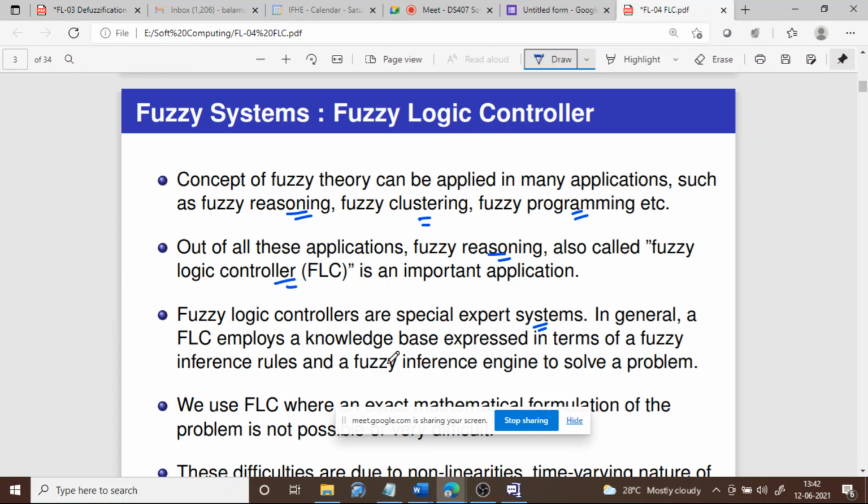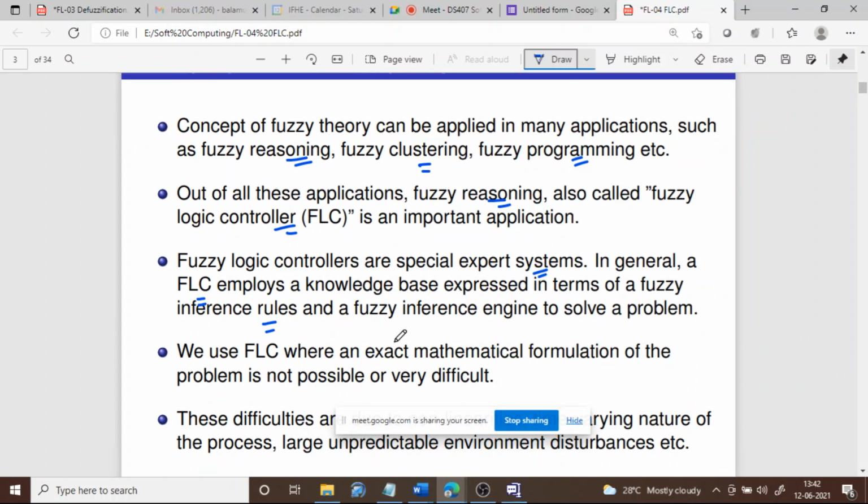Okay, so fuzzy logic controllers are special expert systems. In general, an FLC, that is a fuzzy logic controller, includes a knowledge base, which is something like a database, expressed in terms of fuzzy inference rules, and a fuzzy inference engine to solve the problems, right?